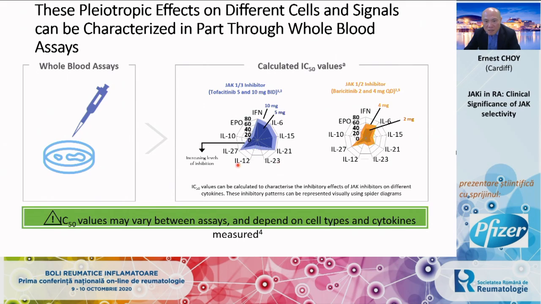And so diseases that are known to be mediated by IL-12 and 23 are inflammatory bowel diseases. So for these conditions, you would think that having an inhibitor that only inhibits JAK1 may not be as effective. So these are guides and not absolute indication of selectivity, and definitely not in clinical practice. Next slide.